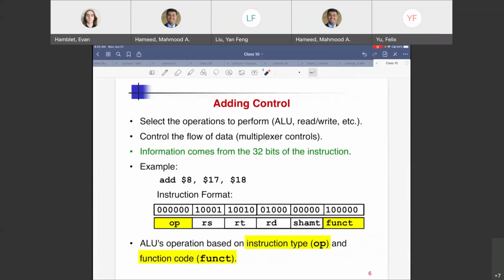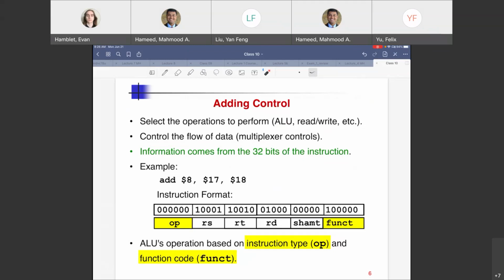So we are adding control, right? That's what we are doing in this chapter. We are adding main control, and we are adding ALU control. And our goal is to select the operations to perform. What arithmetic or logical operations should I do? Am I doing read or write operations? And so on. I'm trying to select those operations here. But also, all our control signals that are coming out of the control blocks are also controlling how the data is flowing through our data path, right?